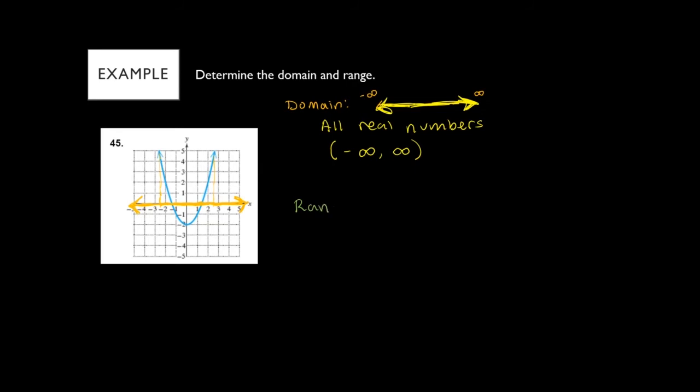So for the range, we do something similar, but we look at the y values. So you're looking at the vertical axis, asking where does my graph exist? I draw on my vertical axis where I have y values, where my graph actually is. And then the arrows are on the top part, so that's where my arrow is going to be on my y-axis. If we think about it again as a number line, but now our number line is for y, the lowest number that I have is at -2.